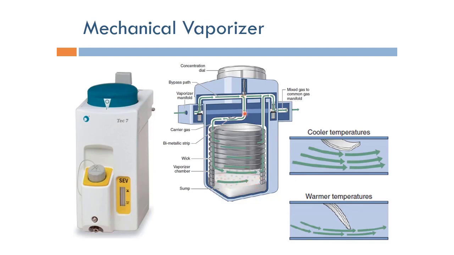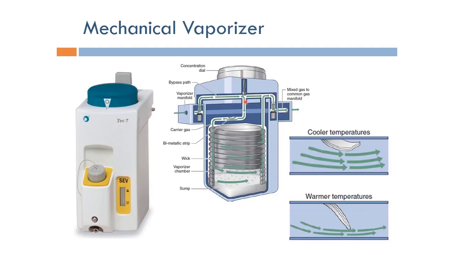The part that goes right here gets a high concentration of inhalation anesthetic vapor, goes back and gets mixed with the part that goes through the bypass path. The summation of the two gives us the concentration that we need.